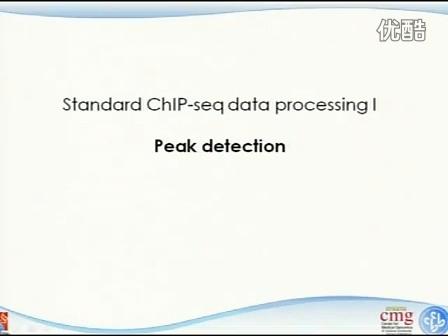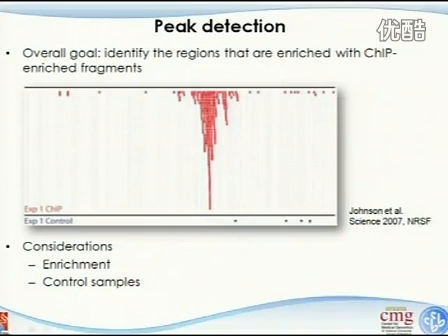All right, let's move on to the next part, which is the data analysis part. This is the central part of this lecture. And the first topic I want to talk about is the so-called peak detection. When we do the ChIP-seq experiment, the overall goal is to identify the regions that are enriched with the ChIP-enriched fragments.